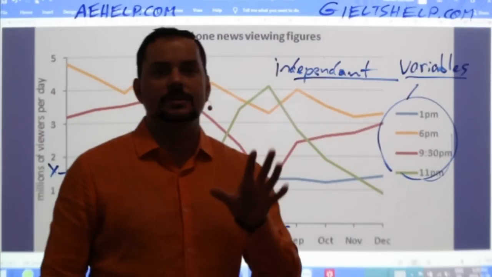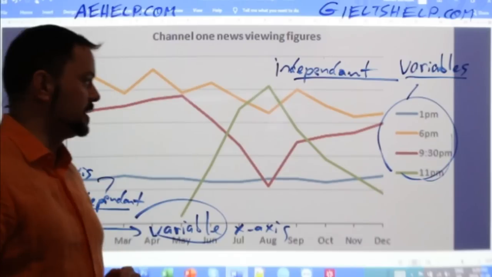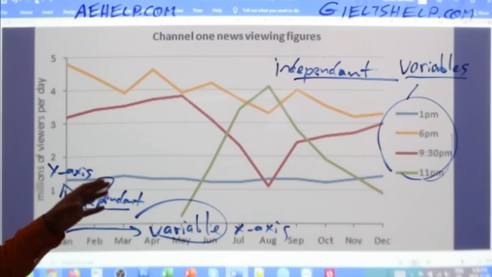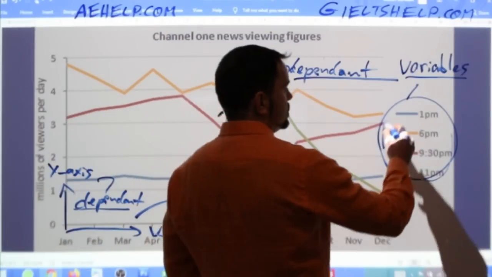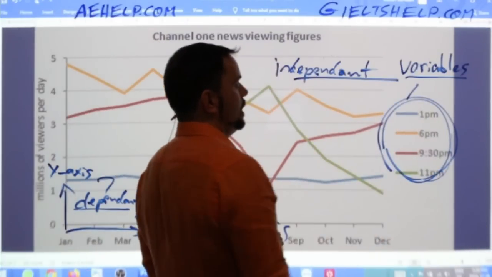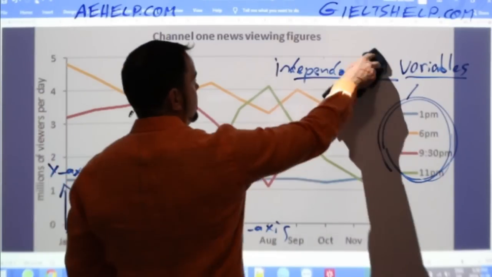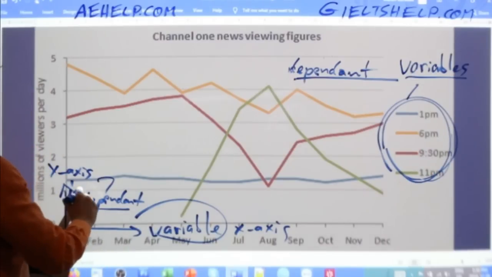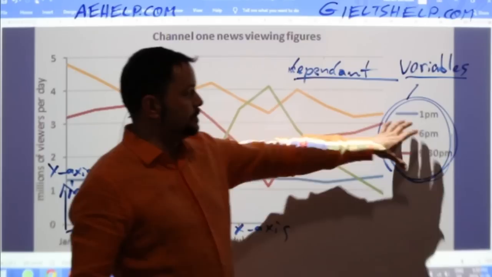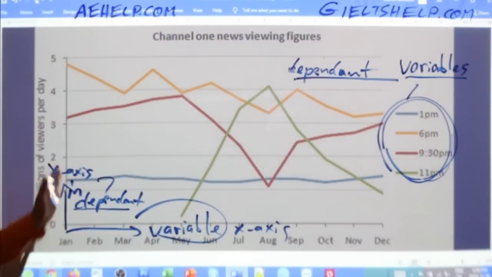We're not going to get into complicated statistics here or anything like that. But the reason why I'm telling you this is because these variables. Actually, I'm pretty sure I've confused you and myself. These are the dependent variables. These are the independent variables. So these are the dependent variables because these variables depend on the months and the millions of views.